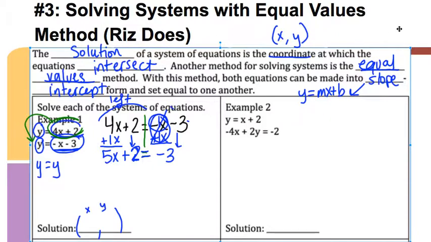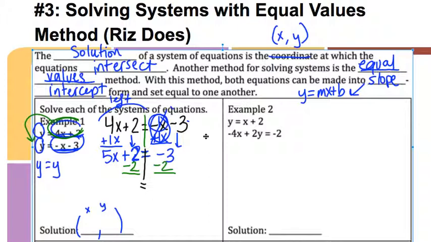Well, now I've got all my x's on one side, but I want to get all my non-x's, so all my numbers, my positive 2 and my negative 3, on the same side. So again, I split my equation in the middle, and I use zero pair, or the inverse operation of addition. And I subtract 2, and I got to keep it balanced, so I subtract 2 here.